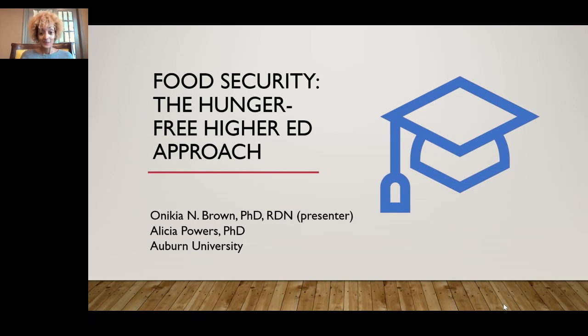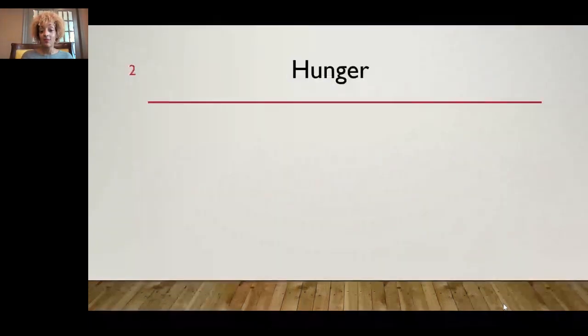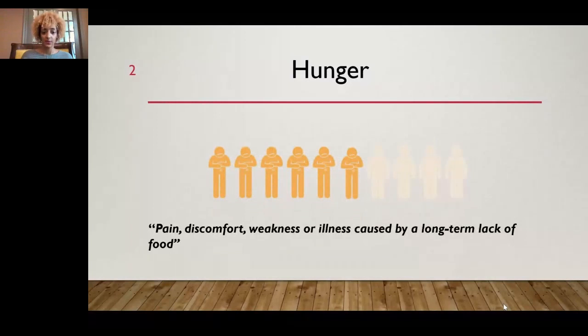So let's get started. What do you think about when you think about the word food security? If you could just drop those words into the chat for me. I'll give you about 5 seconds to think about that. Okay, so of course, some people think of hunger. Actually, hunger has been defined by the USDA as a pain, discomfort, weakness, or illness that's caused by a long-term lack of food.